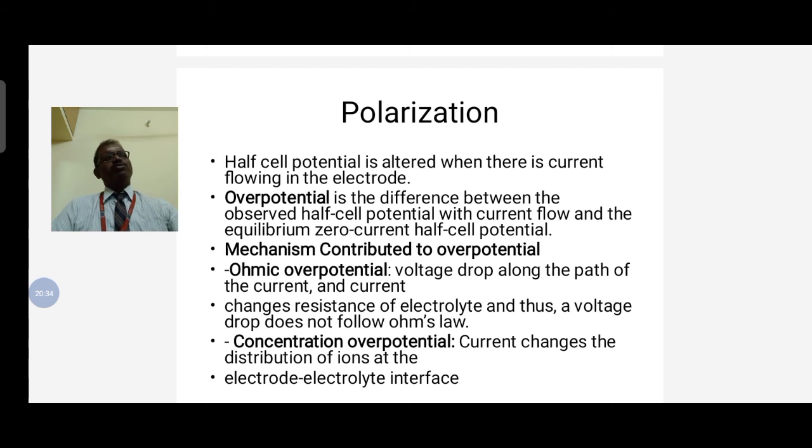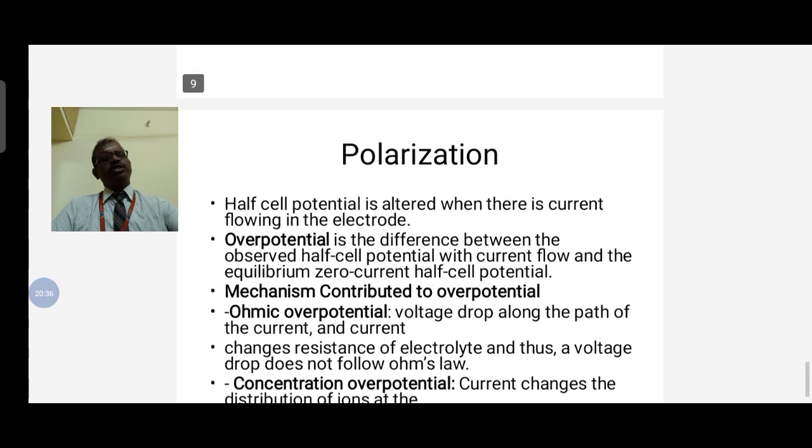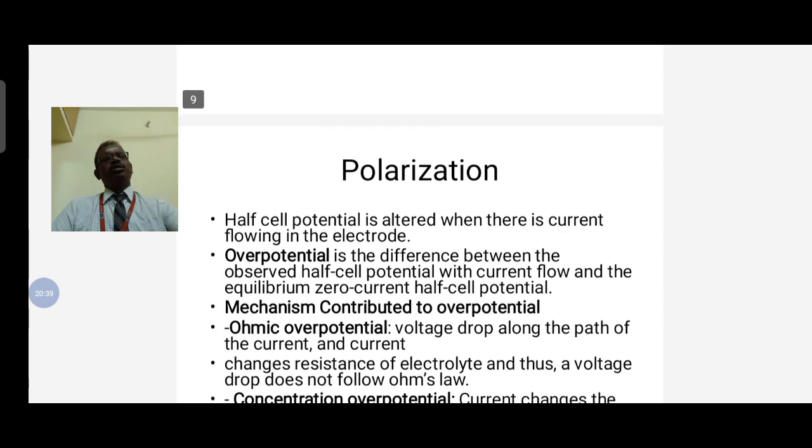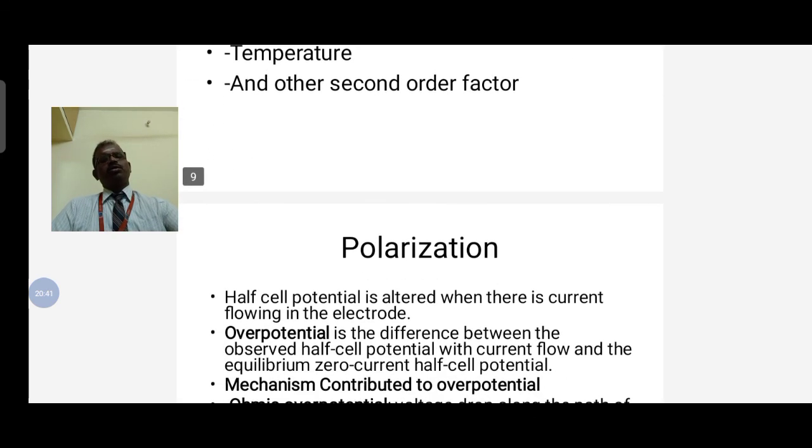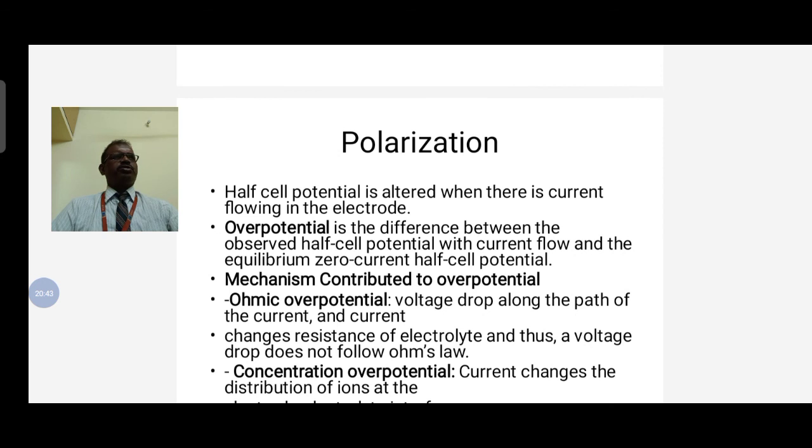What is meant by half-cell potential, and how is it determined? And polarization means repolarization and depolarization of the cell. These are the main functions of electrodes.